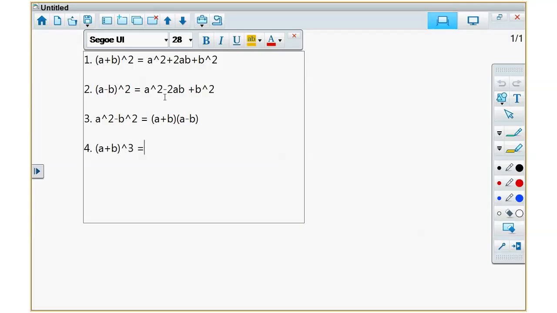You might see it a little bit, but not a lot. A plus B to the third power is equal to A plus B times A squared minus AB plus B squared.